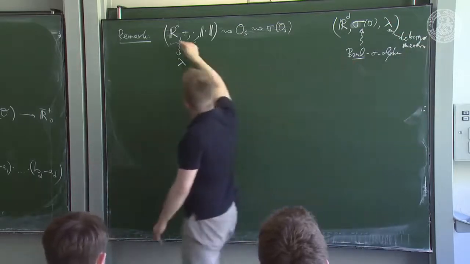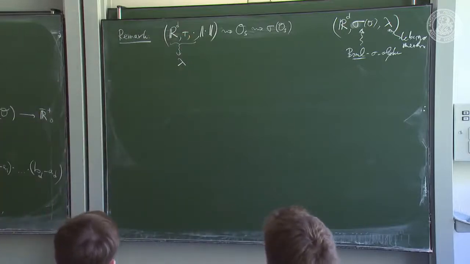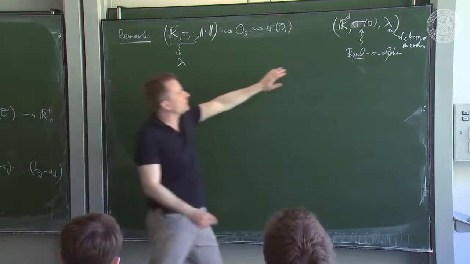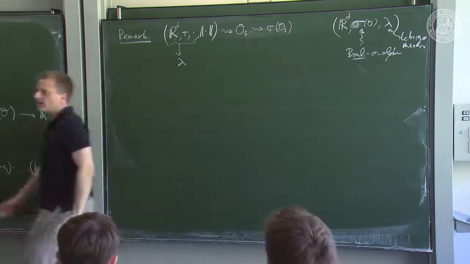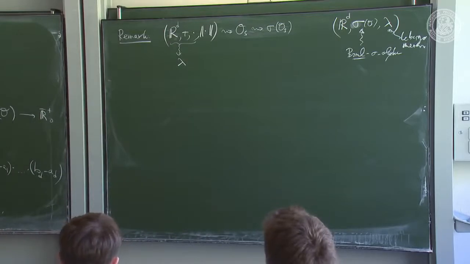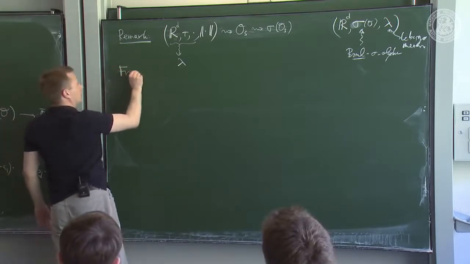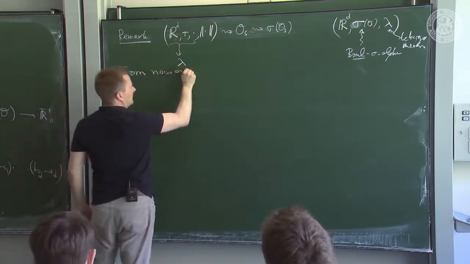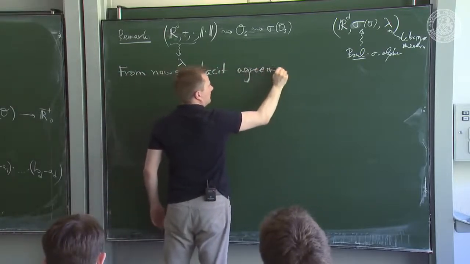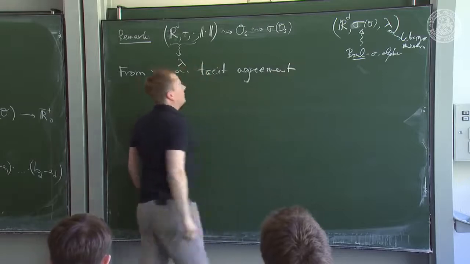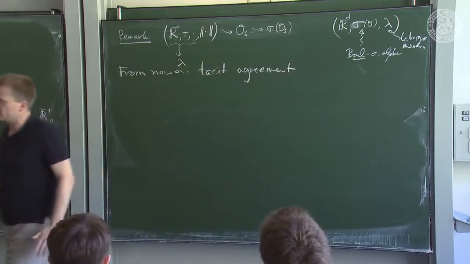Now, if we're not on some R^D, then you could still construct the Borel sigma algebra if you know a topology for the space, and so on. We'll have opportunity to use both. But from now on, we'll have the tacit agreement. Well, by spelling it out that it's a tacit agreement, it no longer is.